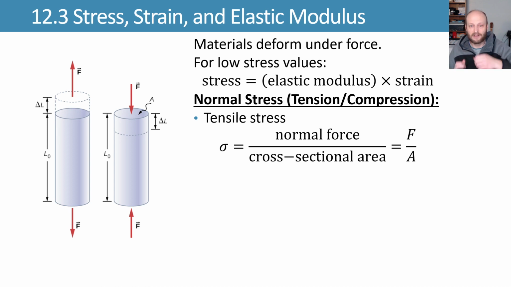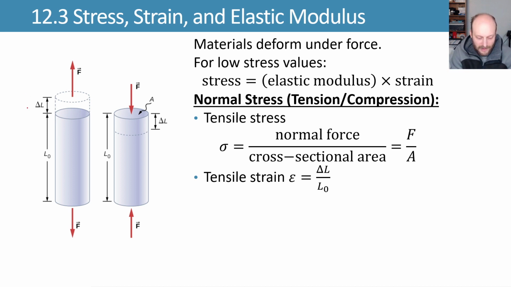You can put materials under stress in tension by pulling on them, or under compression by trying to squish them. We have tensile strain. That's defined as the fractional change in length, or you pull on it and it increases in length by some delta L, and then you divide that delta L by your original length, so you get a dimensionless measurement of how much this thing is stretching out.